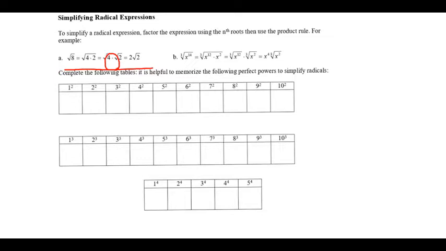The next one for b, we have the cubed root of x to the 14th. Now before, when we divided 3, or our index, into our variables, the powers, they always went in evenly. But they don't always do that. So here, I know that 3 goes into 14, and I can divide it up into 3 goes into 12 4 whole times. So that makes it x to the 4th. But then I have a remainder of 2.